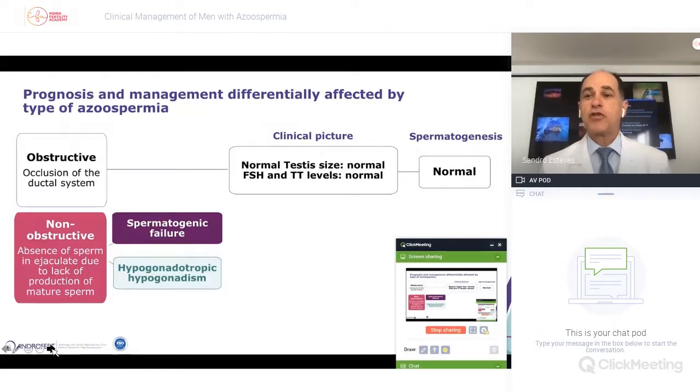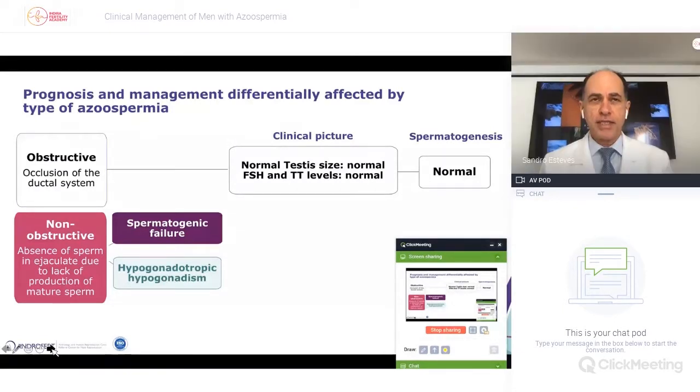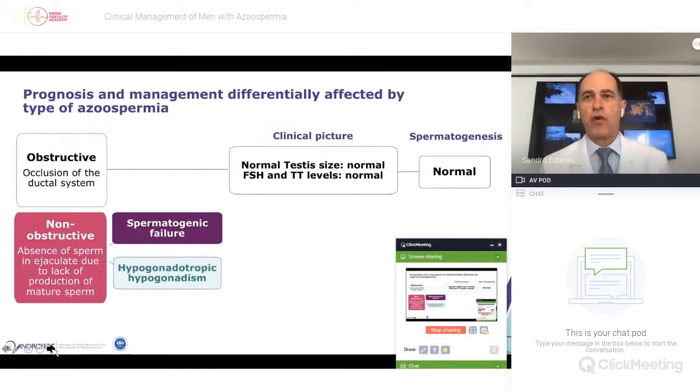So spermatogenesis is normal. The problem is that there is a mechanical block in the ductal system. And then the question will be, will you be able to reconstruct the ductal system and provide the patient an opportunity for natural pregnancy, or shall we use sperm retrieval and ICSI?